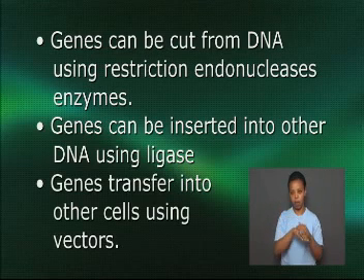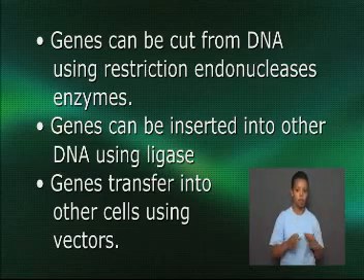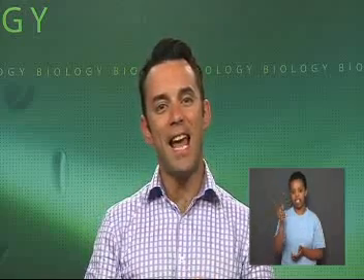The third technique was that genes are transferred into other cells using vectors. Vectors are a means of transferring something. Vectors are either plasmids or viruses. Plasmids are small pieces of circular DNA that are found in bacteria.